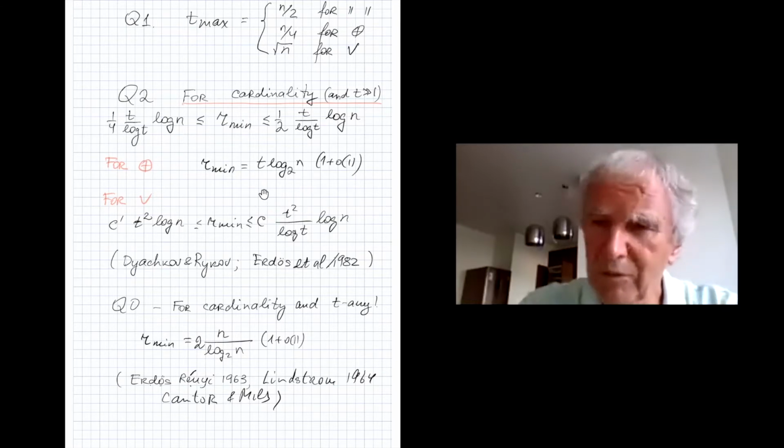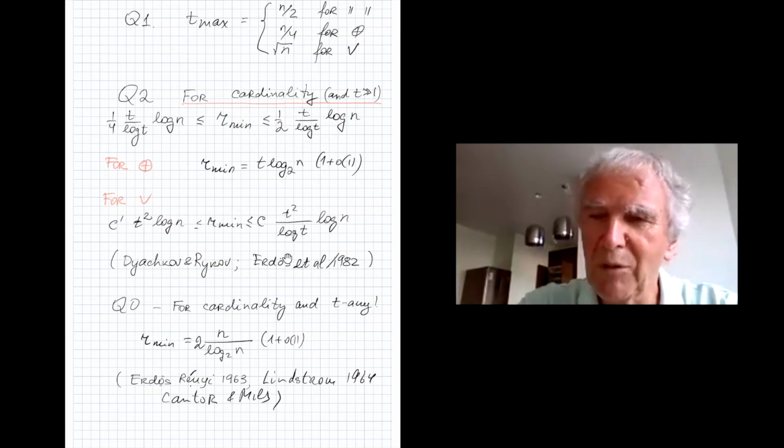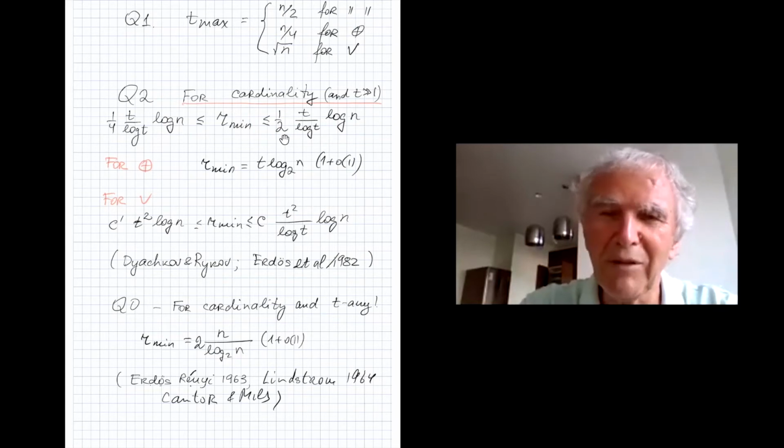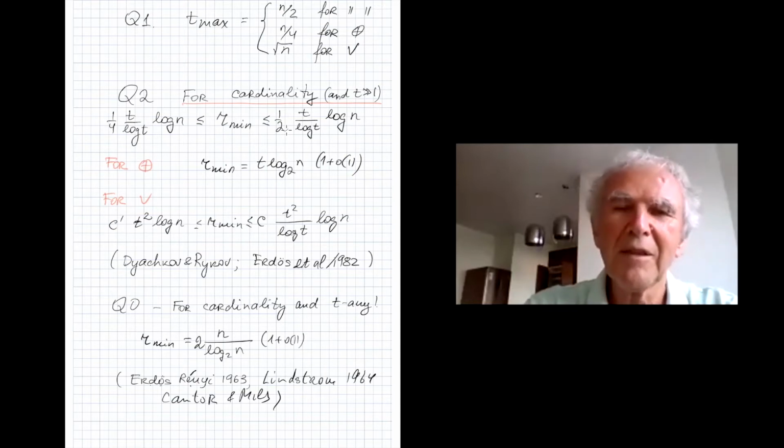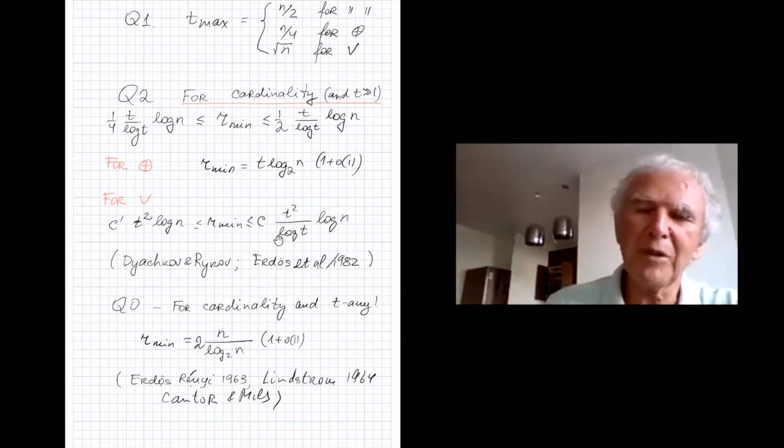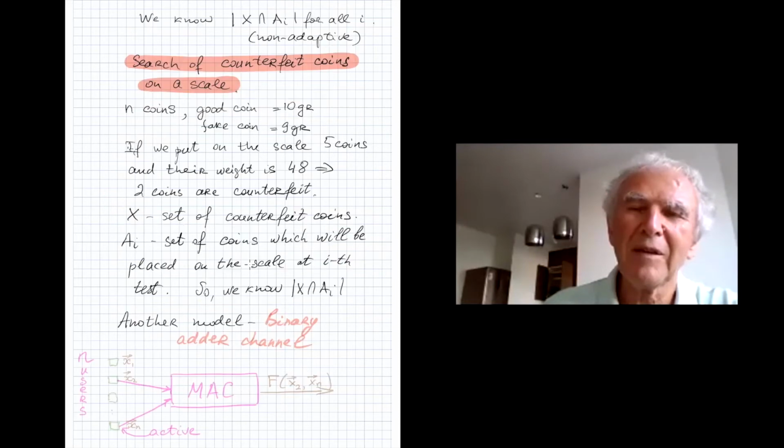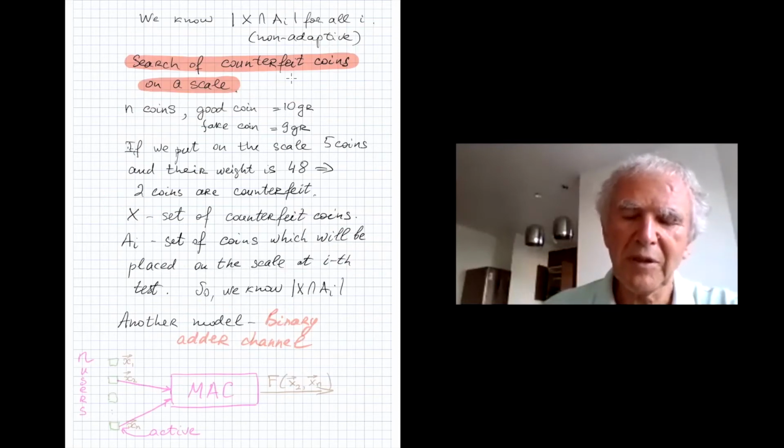Now I would like to talk a bit, and it will be some kind of so-called recreational math, about how the problem appears. Erdős was not the first for this problem. There was a paper a year before them, but they found that information theory techniques are very good to use here.